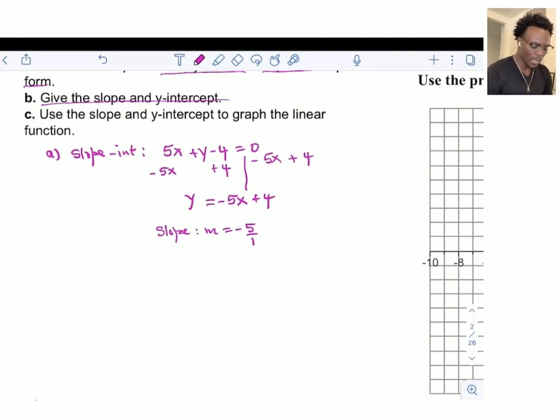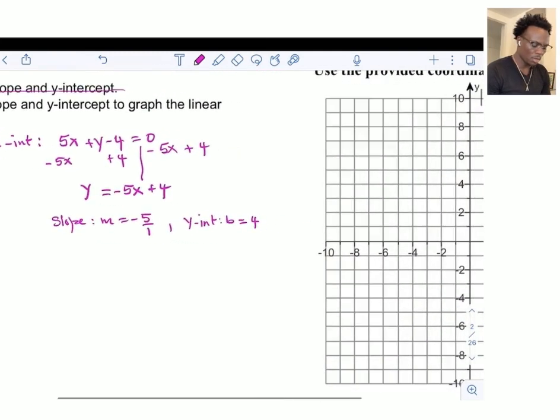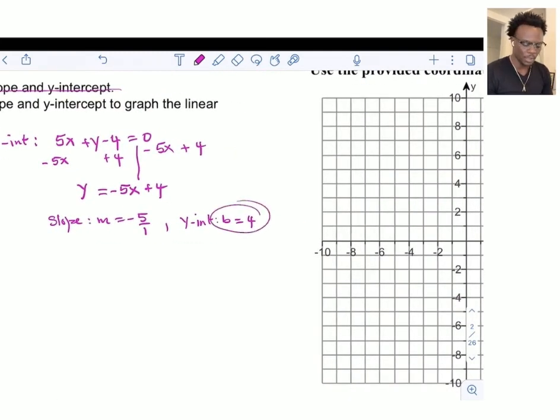And the y-intercept is b, which in this case equals positive 4. Lastly, it says use the slope and the y-intercept to graph the linear function. To graph it, make sure you plot your y-intercept first.